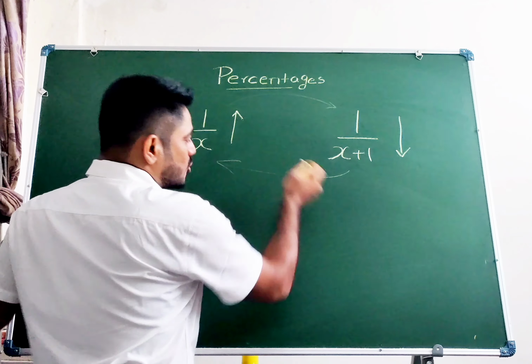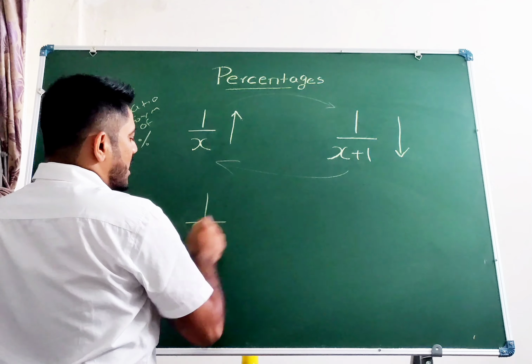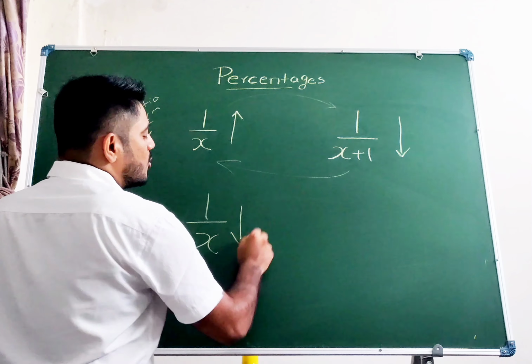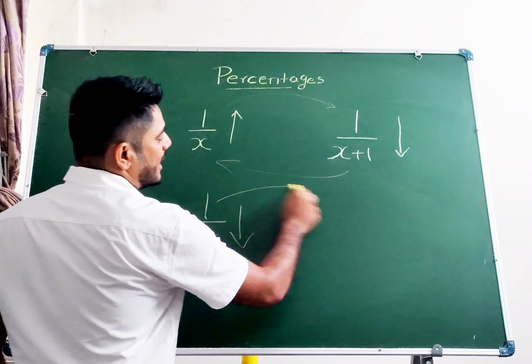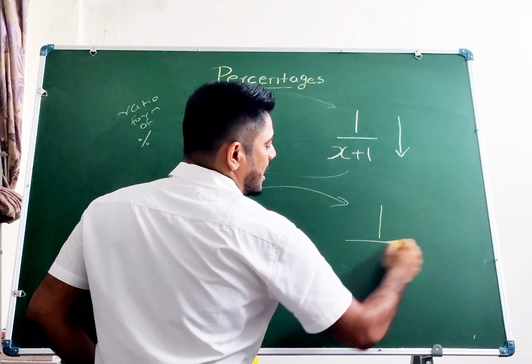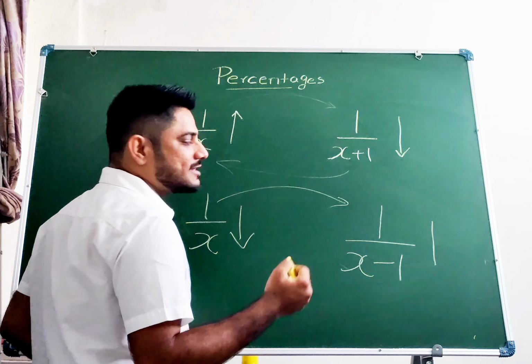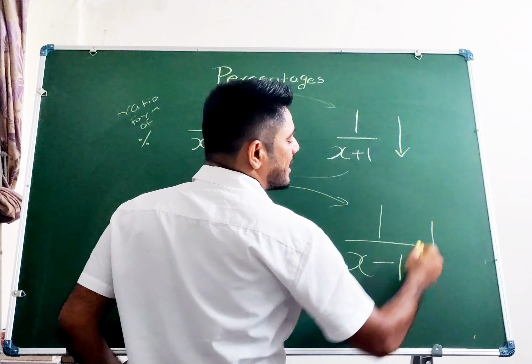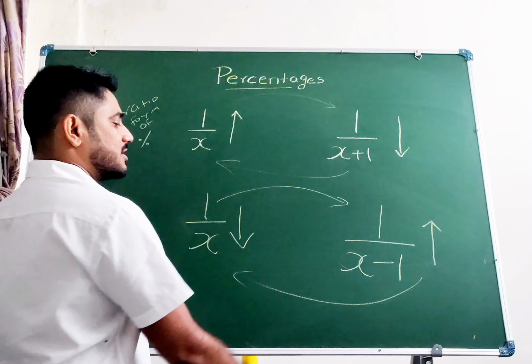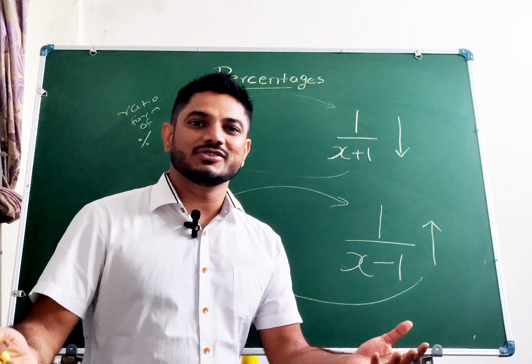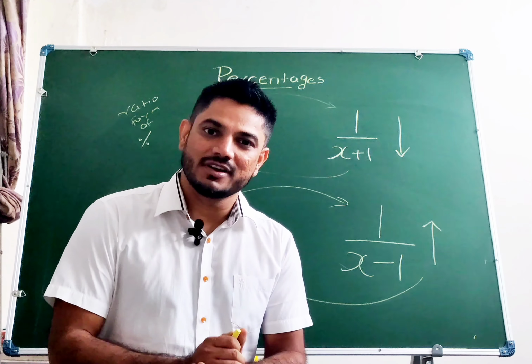This can also be extended. So if I decrease a value by 1 by x in the forward direction, I should increase the value by 1 upon x minus 1 in the reverse direction. So both the cases have been taken care of, right?